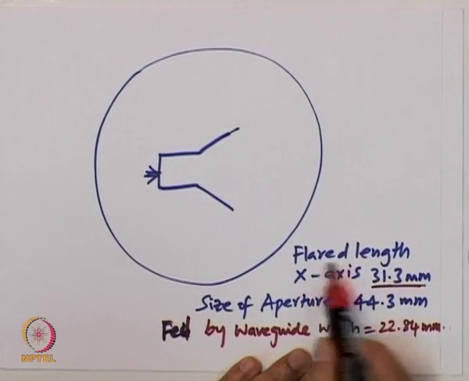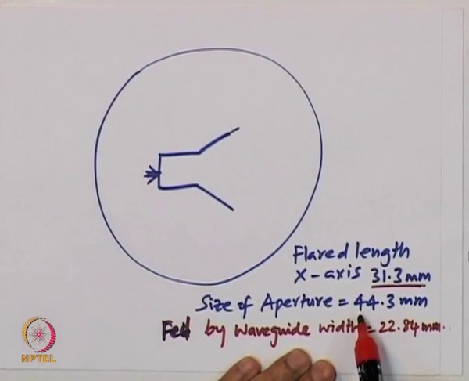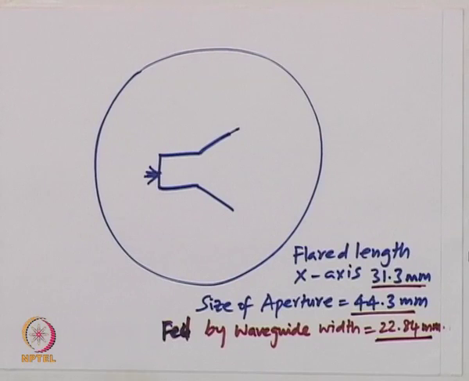So the flared length along the x axis is 31.3 mm. We are talking about an antenna aperture size roughly 44.3 mm, and it is fed by a waveguide width which is 22.84 mm.